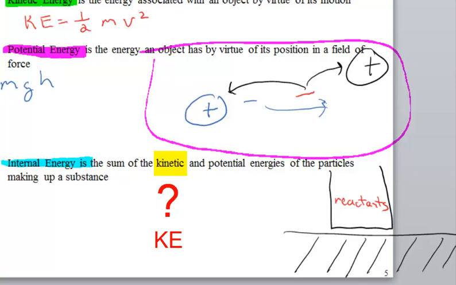Which kinetic energy are we going to use when we look at the chemical reaction? Well, the internal energy is the energy that's associated with, just for a chemist, the chemicals that are part of the reaction. We don't need to worry about how fast the Earth is moving.